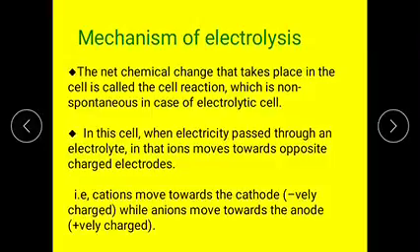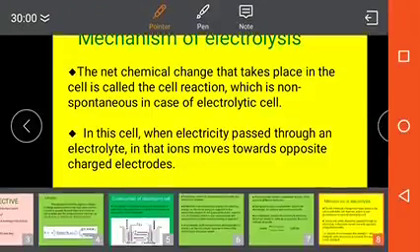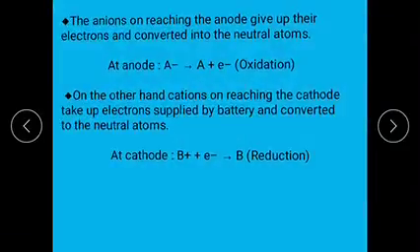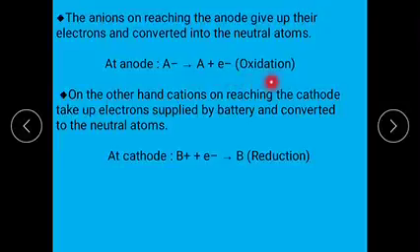When electricity is passed through the electrolyte, the ions move towards oppositely charged electrodes, that is, cations move towards the cathode and anions move towards the anode. Oxidation takes place at the anode and reduction takes place at the cathode.